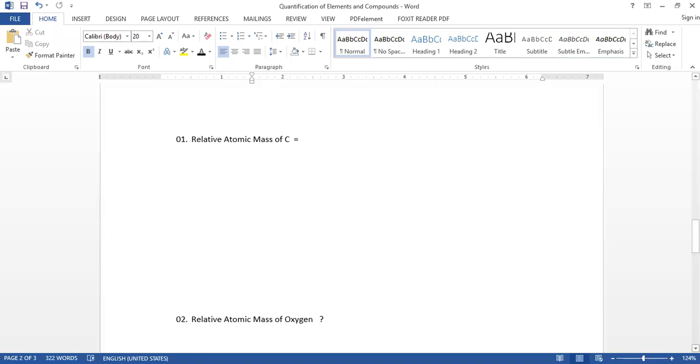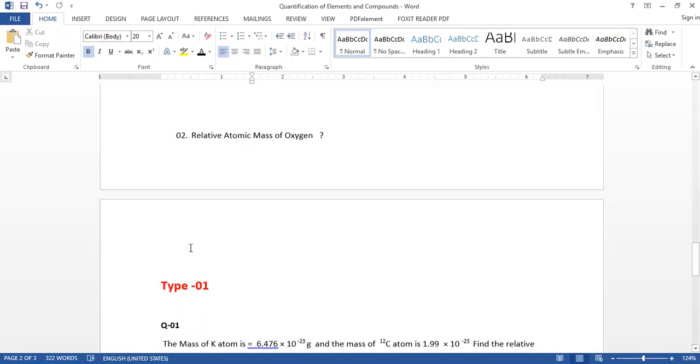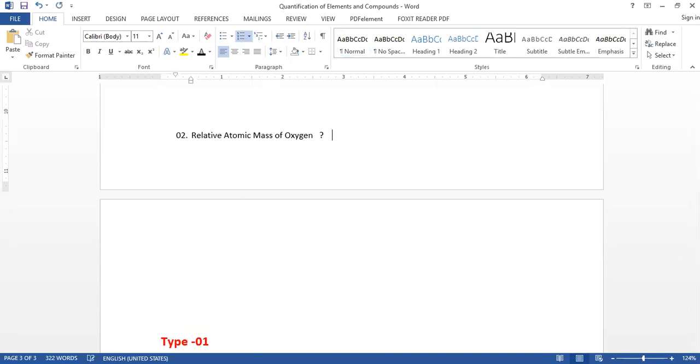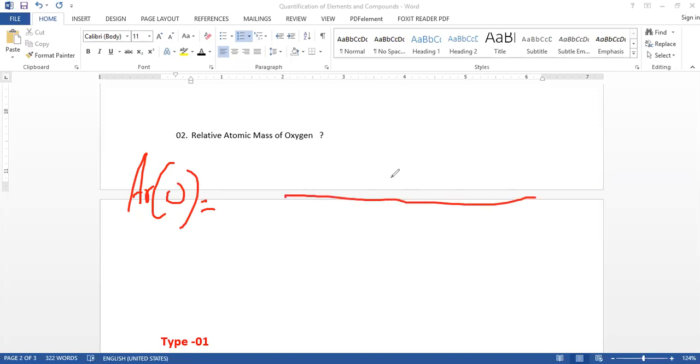Let's move to this one. Relative atomic mass of oxygen. To find relative atomic mass, they should give two things. One is how to write. Can you tell me how you can write relative atomic mass of oxygen? Right, let's write relative atomic mass. AR of oxygen.